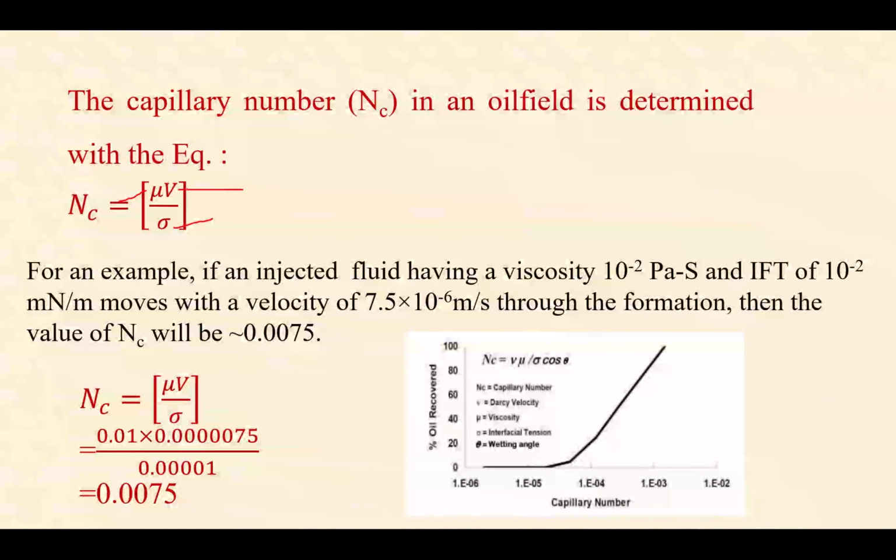So the most important parameter is the interfacial tension. You can definitely improve the viscosity, but again, not too much, particularly for shale and tight reservoirs, because of the injectivity issue, you cannot increase the viscosity too high. So the best option to increase the capillary number is to reduce the interfacial tension.